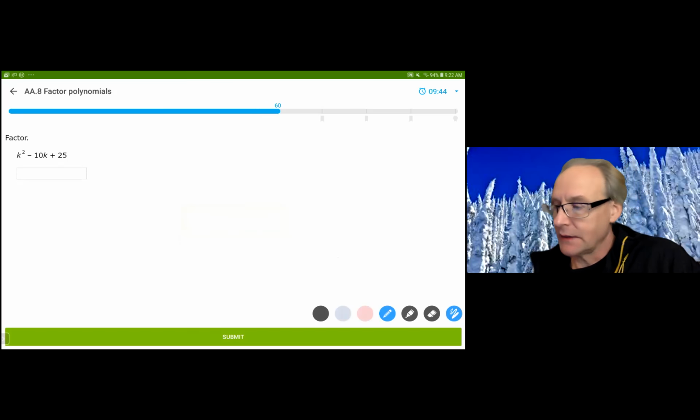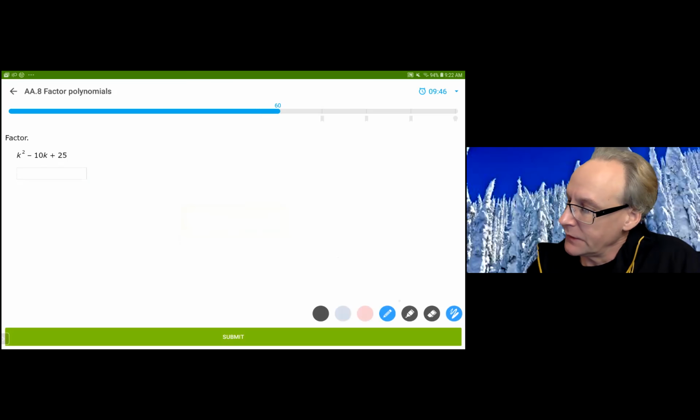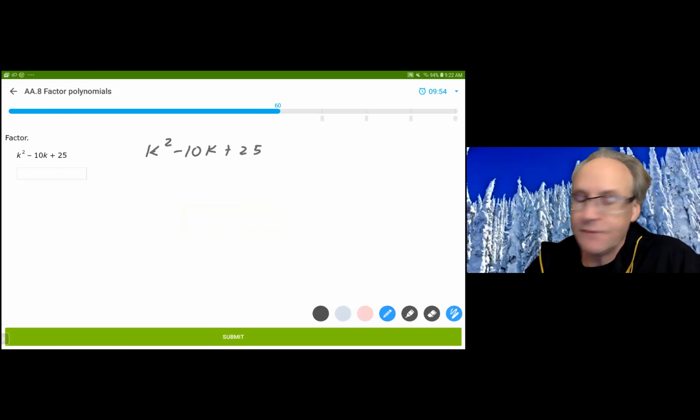This, hopefully you recognize it. I'm going to write it while you think about it. It's k squared minus 10k plus 25. Notice that a negative 5k doubled is negative 10k. So k and k, 5 and 5 gives me 25 and k squared.